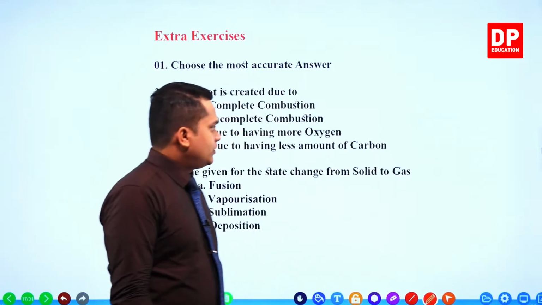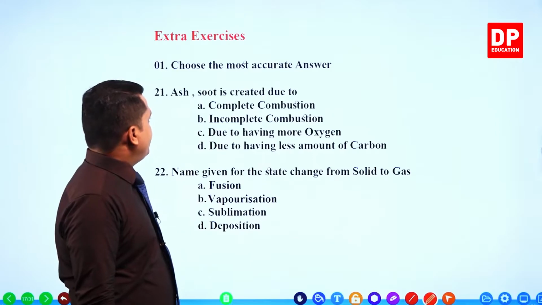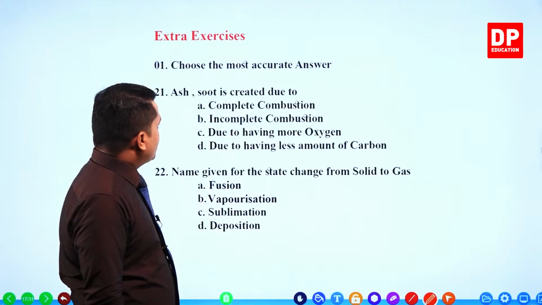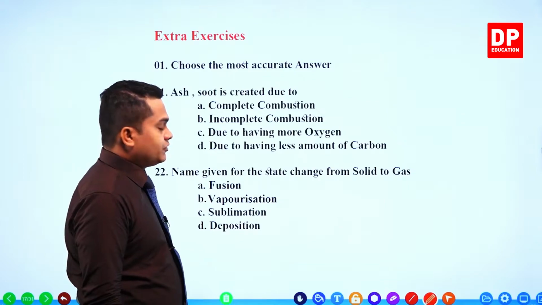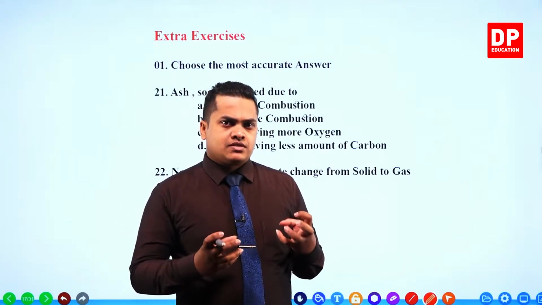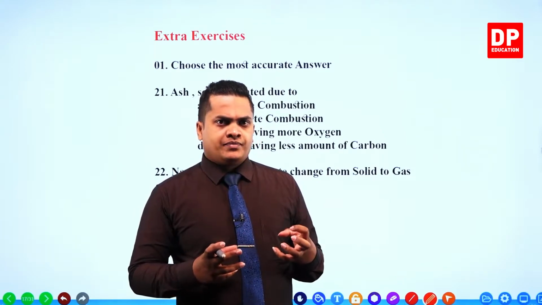Okay, so question number 21. Ash and soot are created due to what? Soot means the black colored substance created during a combustion.